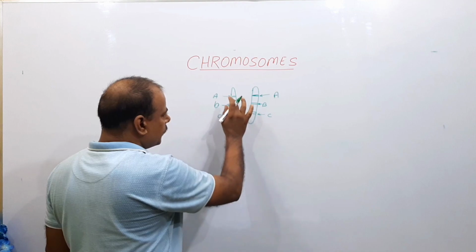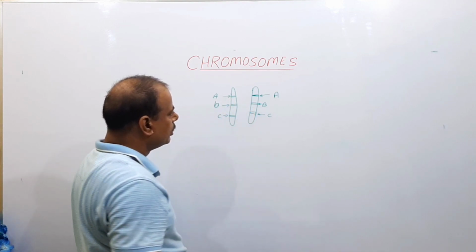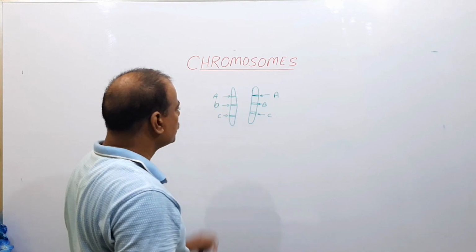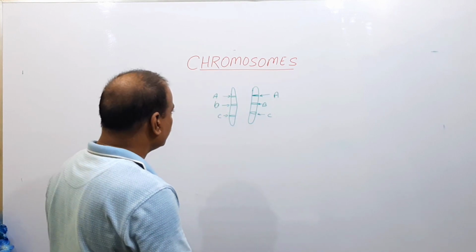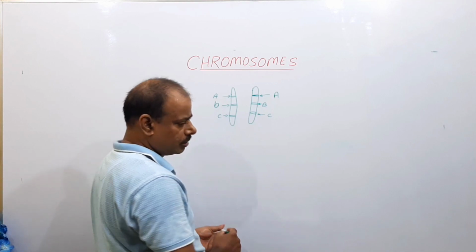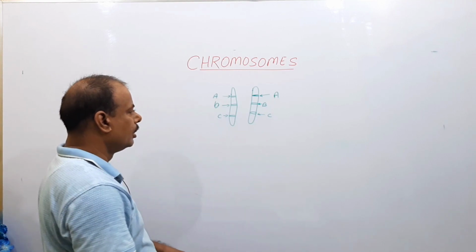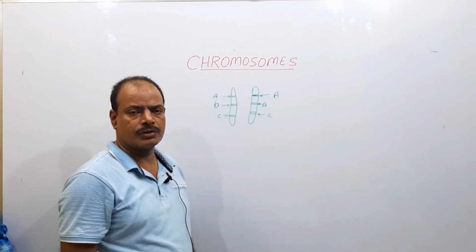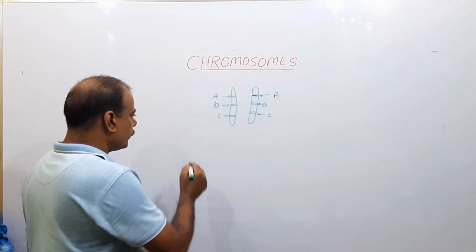So these are the loci present on the allele, and these are specific genes. So chromosomes contain DNA, and parts of DNA are known as genes.